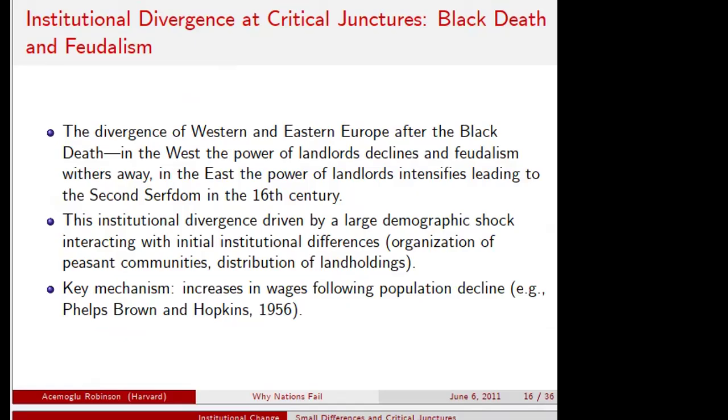Workers, peasants, serfs, craftsmen should have more bargaining power, and they should be able to demand better wages and better conditions. In Western Europe, England, France, the Low Countries, this is exactly what happened. Peasants demanded and got better conditions.